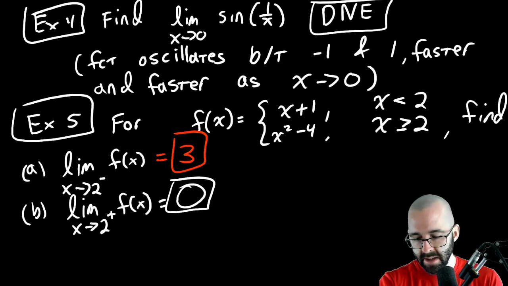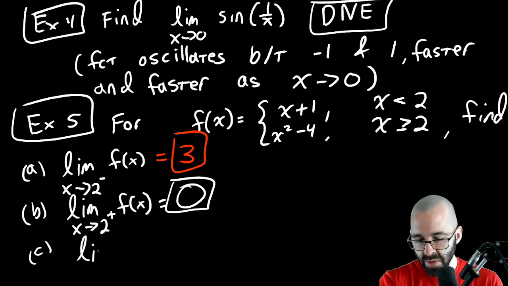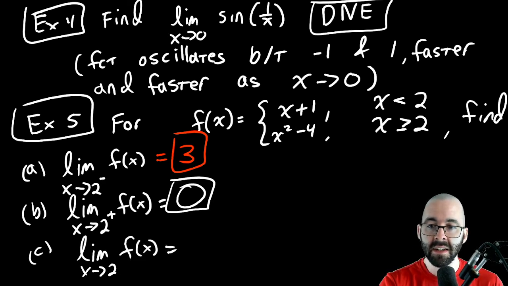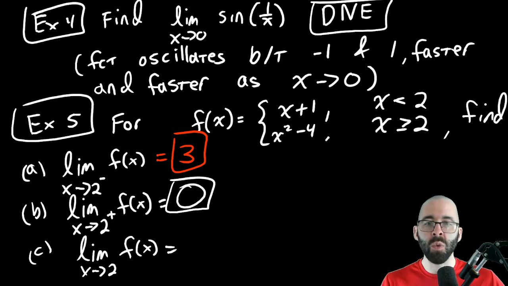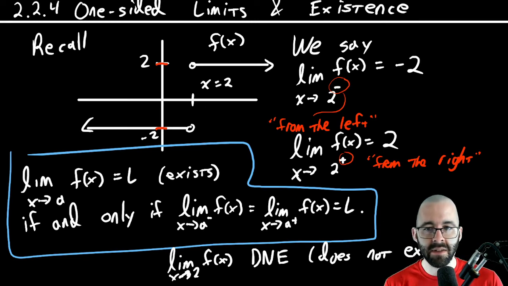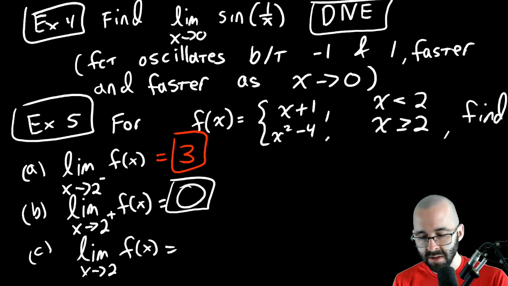All right. Lastly, what's the limit as x approaches 2? What's the two-sided limit? Not from the left, not from the right. What is the limit here? Well, we learned that the limit exists if and only if the one-sided limits are the same.